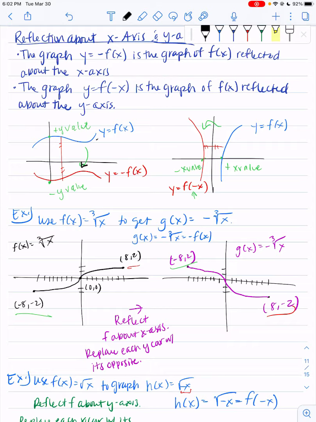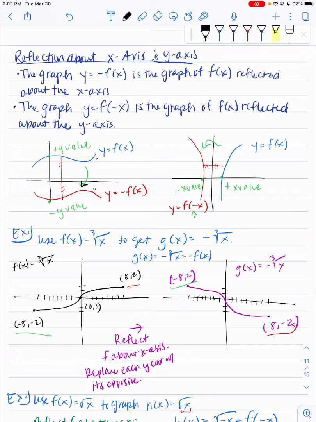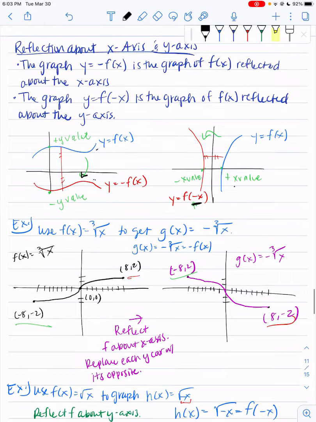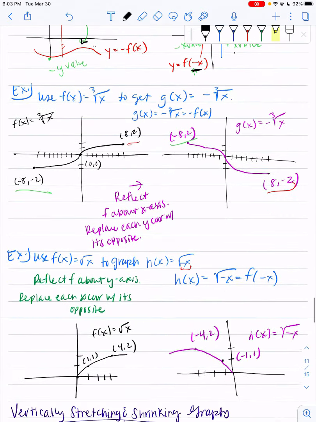I'm going from up here to down here, so that's a flip over the x-axis. And then when the negative is on the inside, I'm changing the x value. So here I have a positive x value, and over here I have a negative x value. So that's changing, and I'm flipping over the y-axis. So that's how I like to remember it.